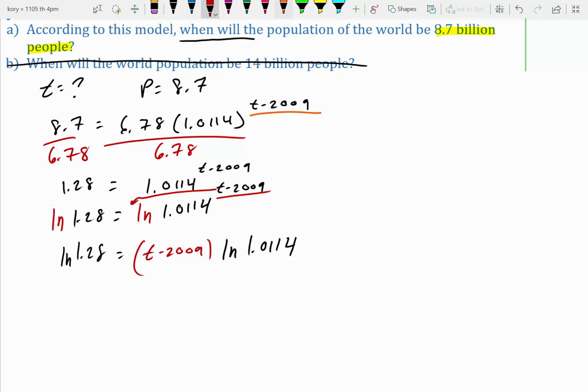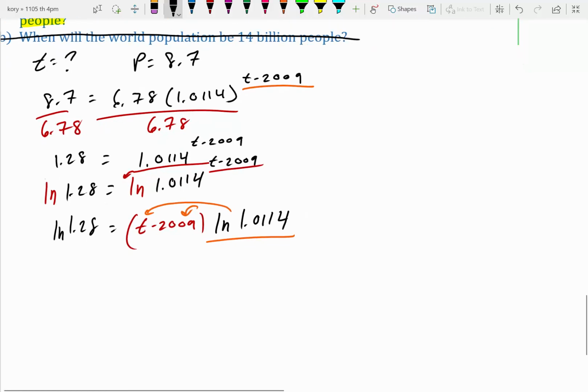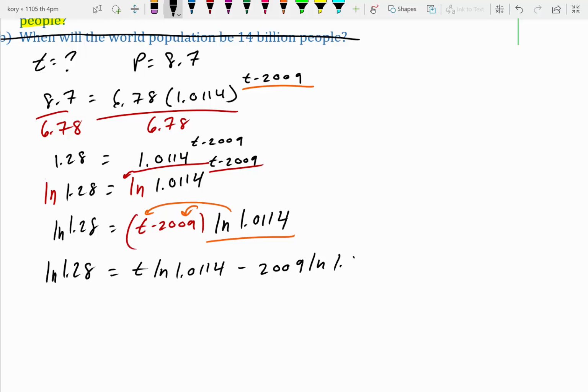So we distribute our ln to the t and to 2009. So we have ln 1.28 equals t ln 1.0114 minus 2009 ln 1.0114.